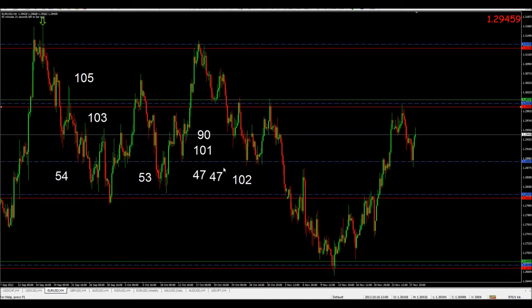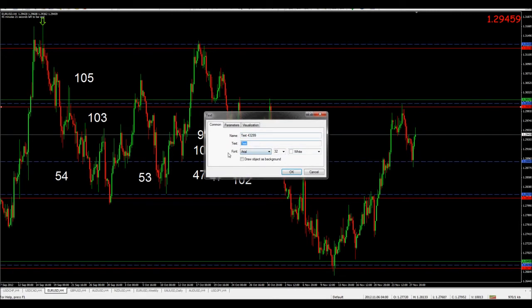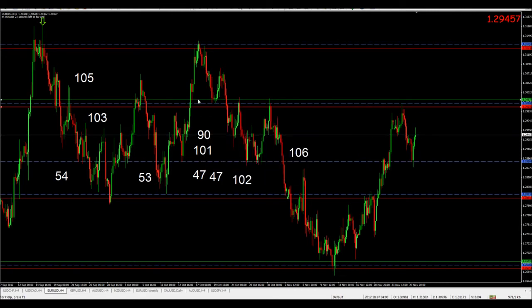So 106 pips. So we'll get rid of this one now.